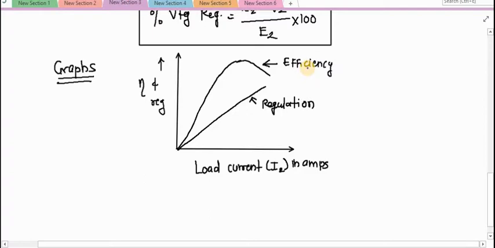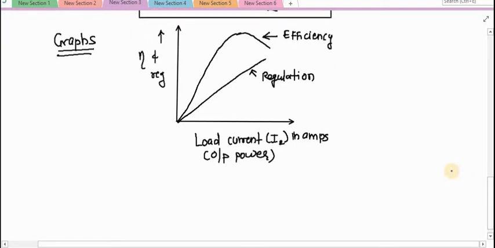So from the results obtained, we have to plot the curves for efficiency and regulation against the load current, or you can take the output power. Then the efficiency and regulation at any desired load condition we can find out from these curves.